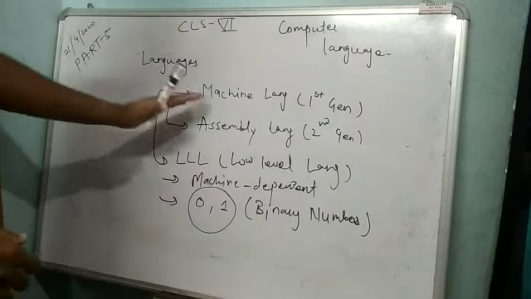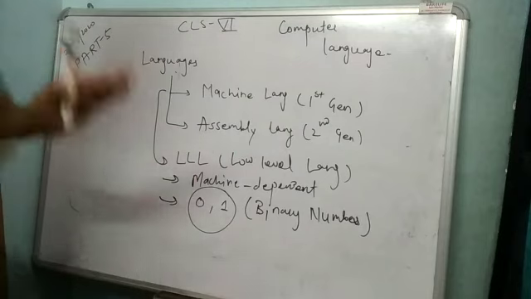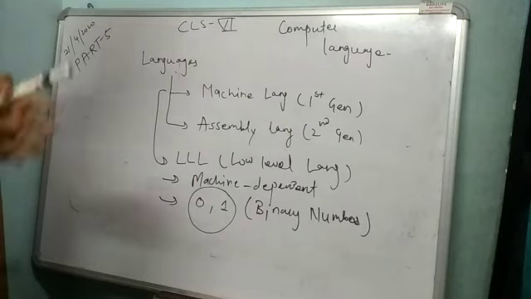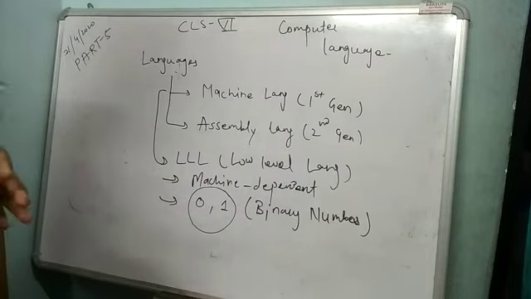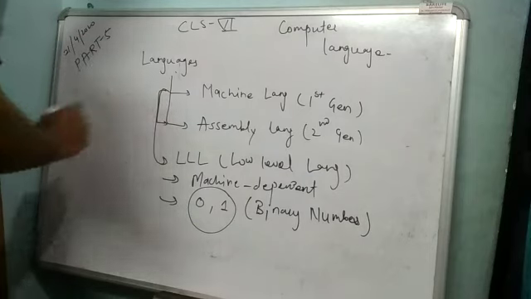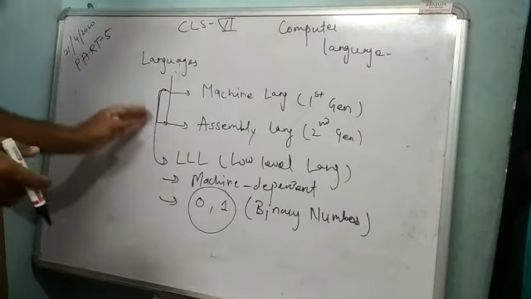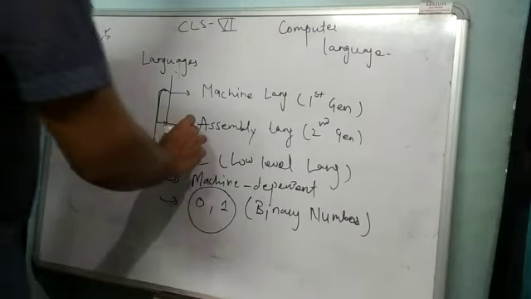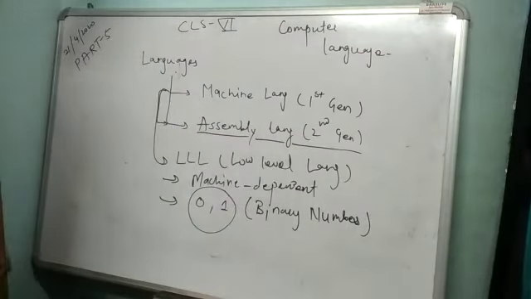These are the first generation languages, very tough to learn and implement. Programming in these kinds of languages is very tough. As generations go on, we enhance the quality of the language so that the programmer can easily handle it. In this sequence, computer scientists developed assembly language in the second generation.